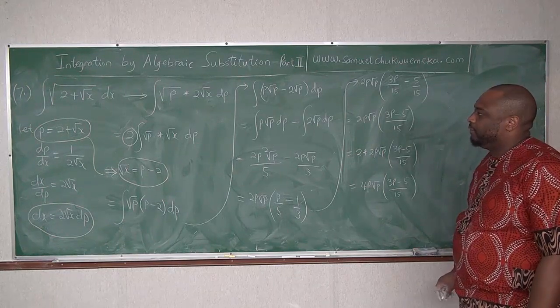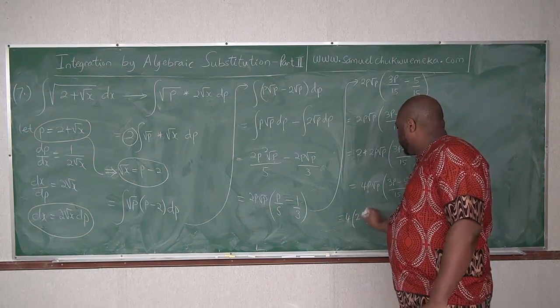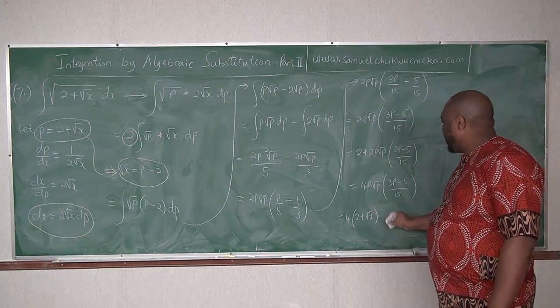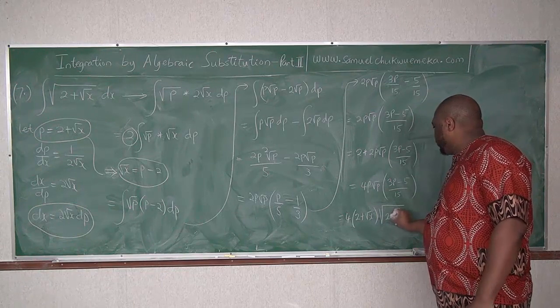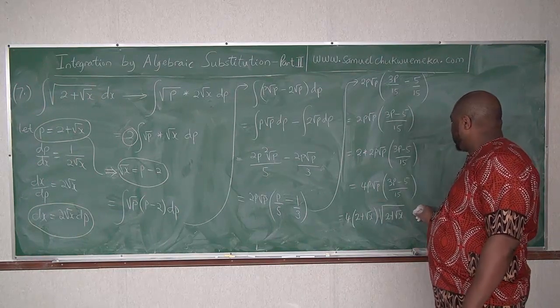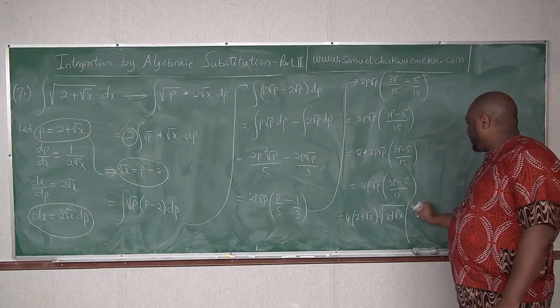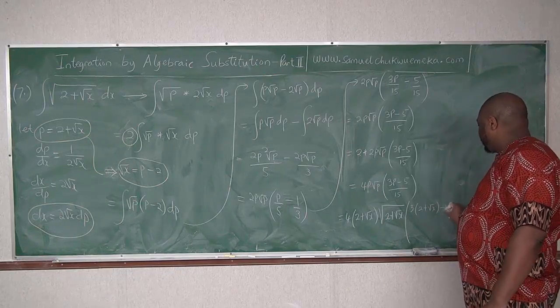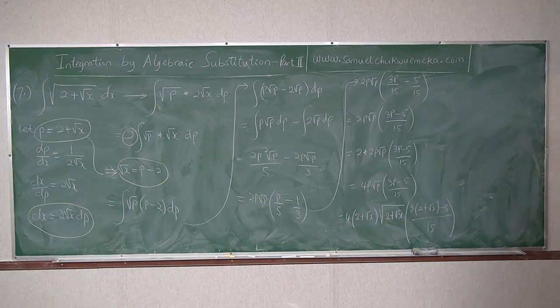We have 4 times 2 plus root x, times the square root of 2 plus root x, times 3 times 2 plus root x minus 5 over 15.